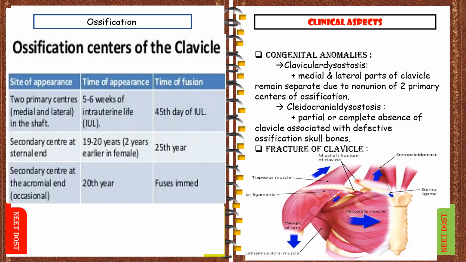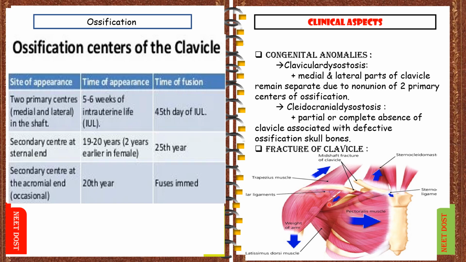The most fractures occur at the junction of the lateral one-third and medial two-thirds. The cause may be when a person falls on an outstretched hand or shoulder, with indirect forces or blows to the shoulder. When the clavicle is fractured, the lateral fragment is displaced downward by the weight of the upper limb, because the trapezius alone is unable to support the weight of the complete upper limb.